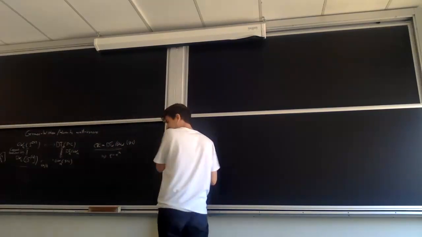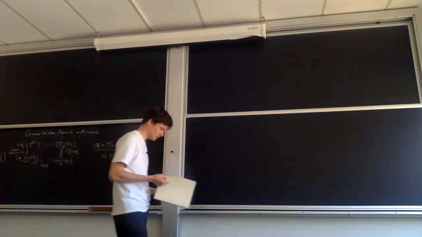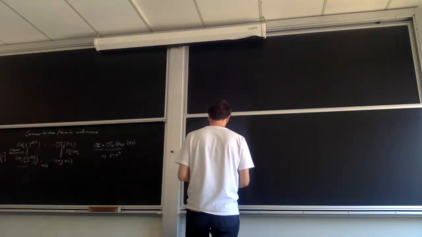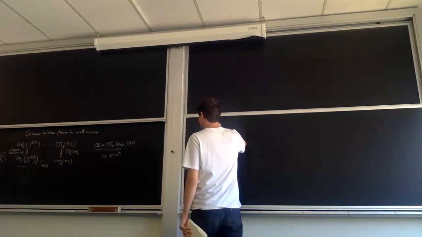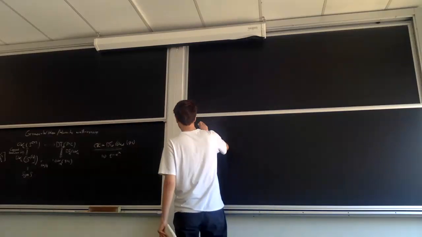So for that I need to recall what this is. Let me write it; it's true that it's probably going to be complicated. So I'll write this as Sym^n of S. Does it look good? So, okay.